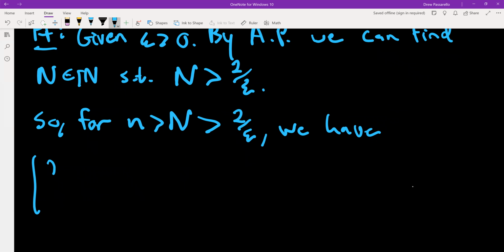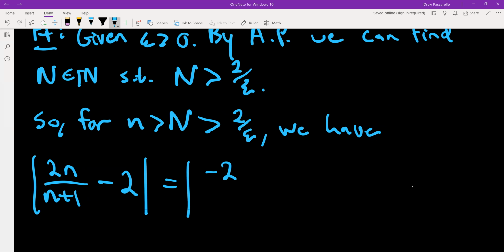the absolute value of 2n over n plus 1 minus 2. And we said that was equal to negative 2 over n plus 1. And that's less than or equal to positive 2 over n plus 1.